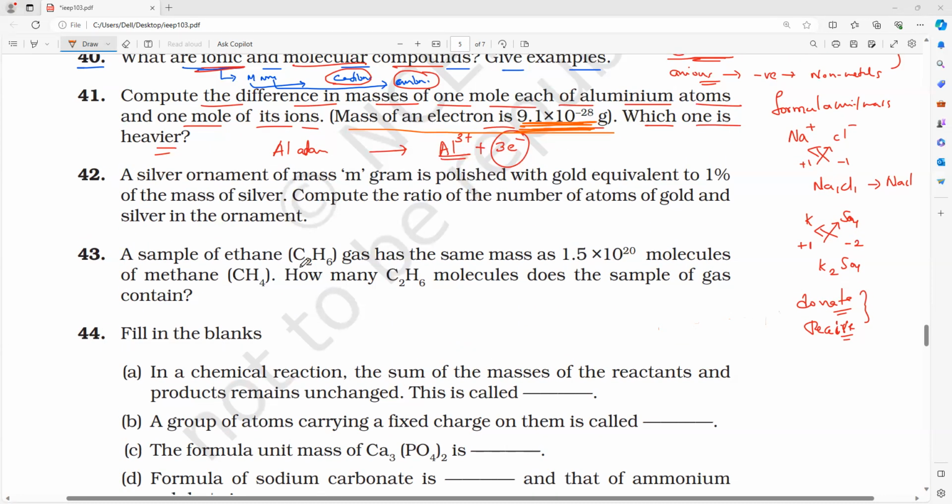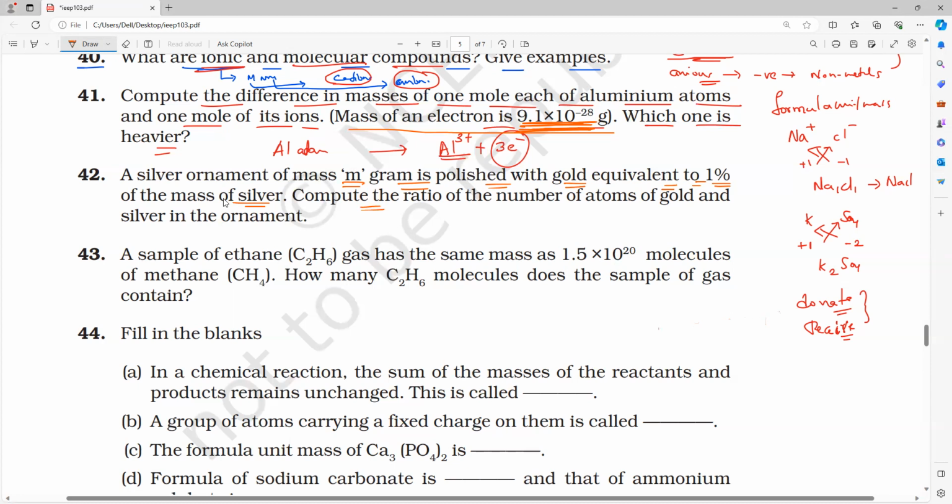A silver ornament of mass M gram is polished with a gold equivalent to 1% of the mass of the silver.